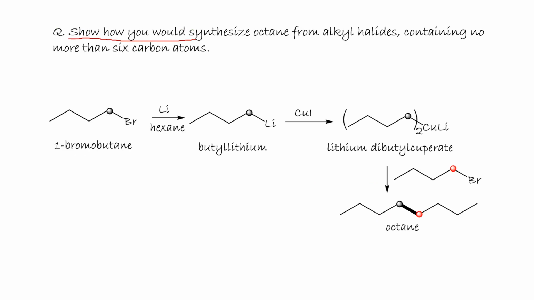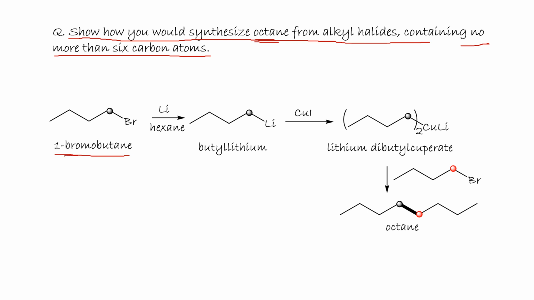Show how you would synthesize octane from alkyl halides containing no more than 6 carbons. There are a lot of options, okay, but I started thinking about 1-bromobutane. It's 4 carbon atoms. I need to synthesize octane with 8 carbons, so it's just twice that. How can we couple C4 and C4 together?